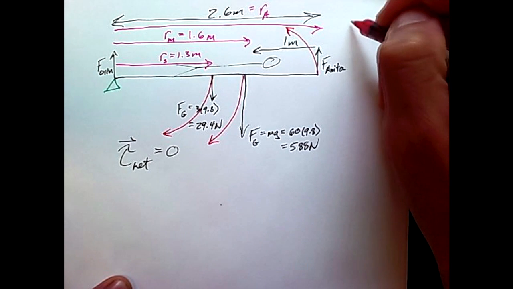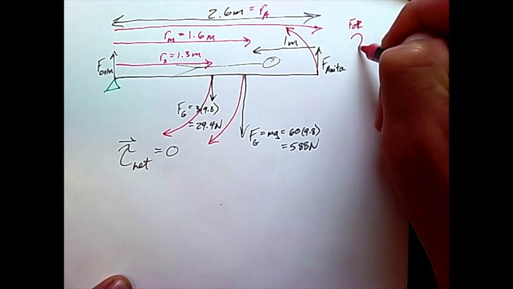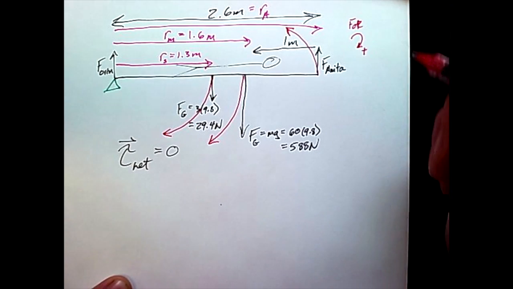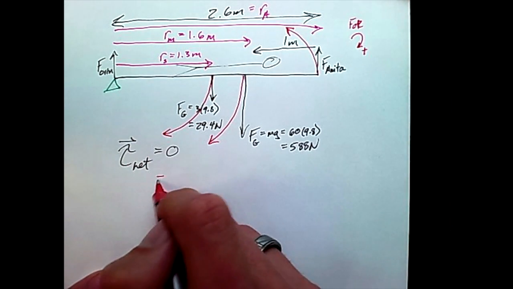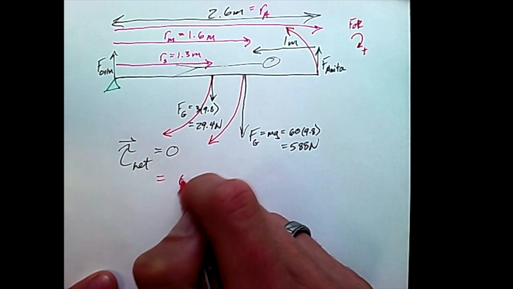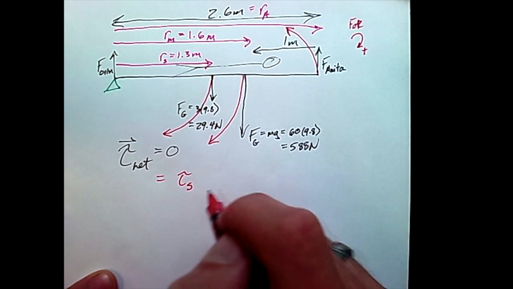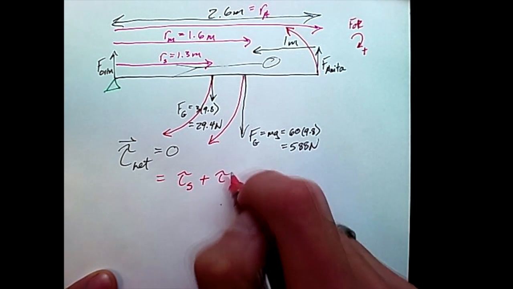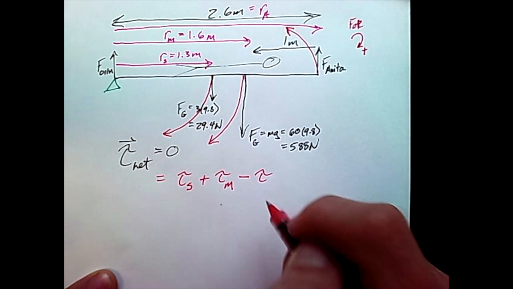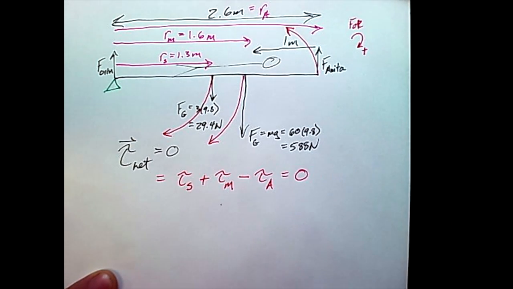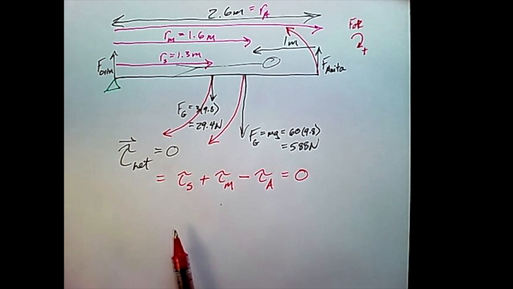So taking the frame of reference rotationally as clockwise is positive, then using the net torque formula as vectors, we can say that the torque of the stretcher plus the torque of the man minus the torque from Anita must equal 0 for the system to balance. From here, it's a matter of substituting in all the various forces and radii that we've already labeled.